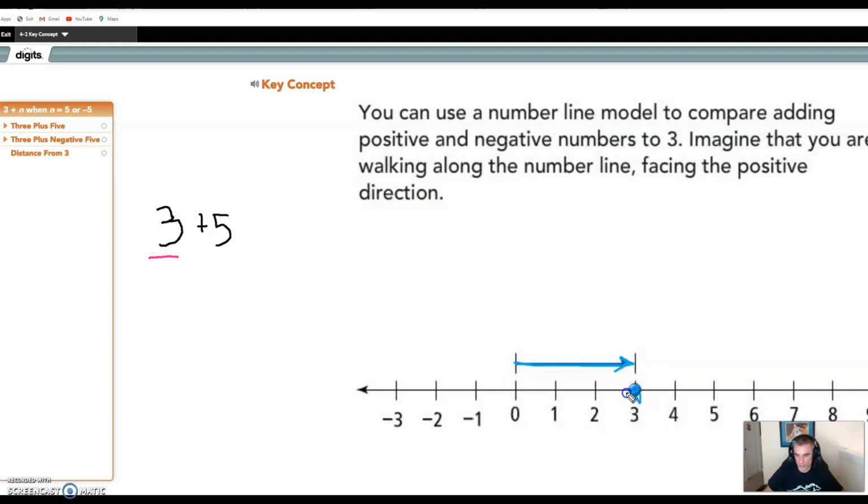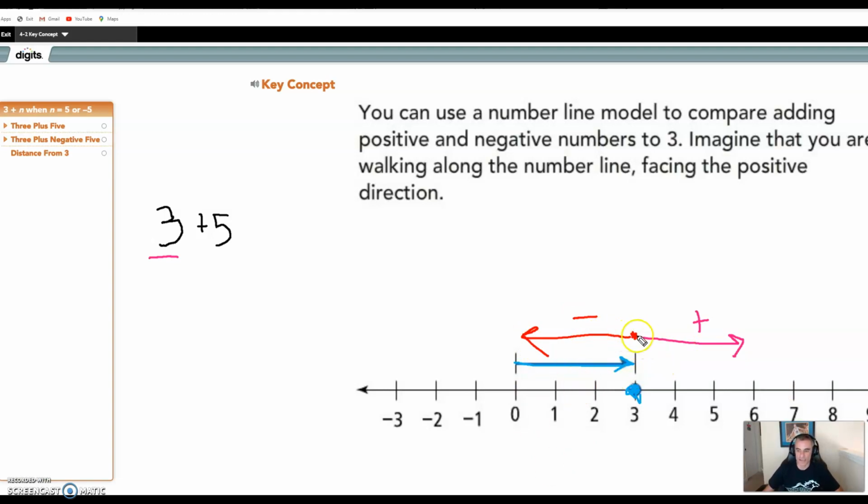So this is our starting point right here. This is where we're going to start counting from. And then if we're adding a positive number, we're going to continue in this direction. And if we're adding a negative number, we're going to go back in this direction. So that's the big difference here. And again, this is sort of the starting point.